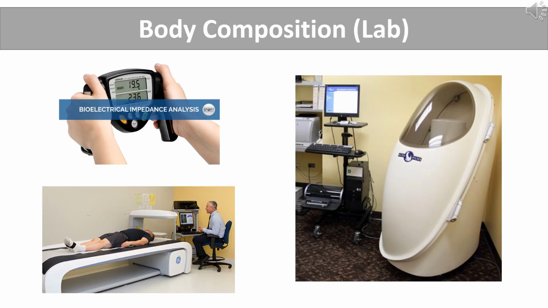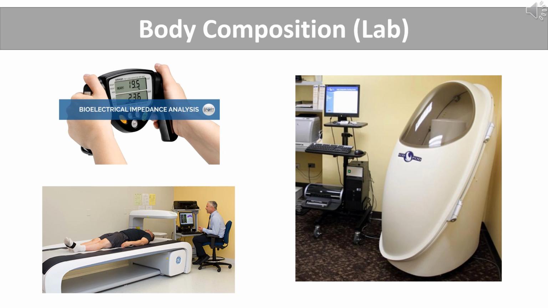So we'll start by looking at body composition or anthropometry first, and specifically in the laboratory. And there's probably about 4 methods that we can utilize in the lab for this, and I've only put 3 pictures up, and that's because something called hydrostatic weighing in water I just don't really feel is used much at all, or if ever now, particularly in sport.